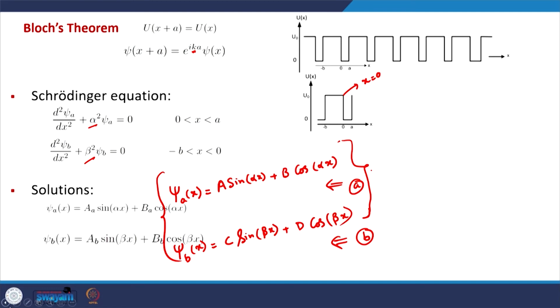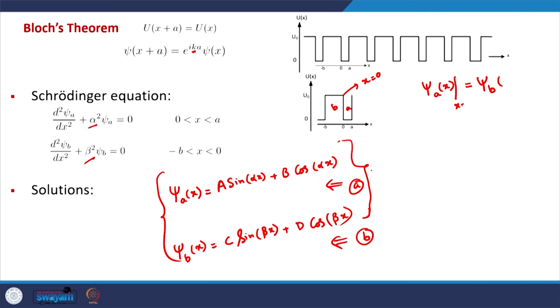The boundary condition at x equal to 0 basically means that, from the postulates of quantum mechanics, you might have easily guessed that the first boundary condition would be that the wave function should be continuous at x equal to 0. What it means is that psi A, the wave function in regime A, at x equal to 0 should be equal to psi B, the wave function in regime B, at x equal to 0.